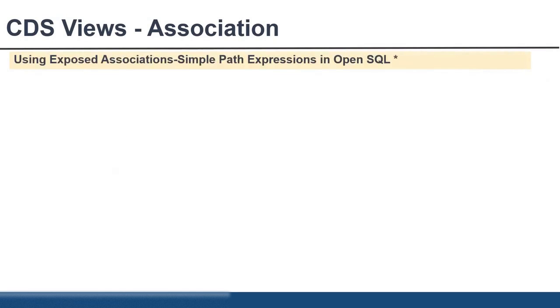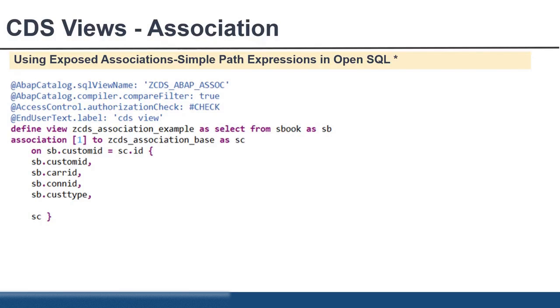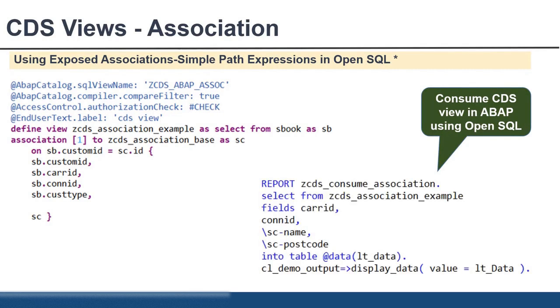Here we'll see some examples of how to use the exposed association using simple path expressions in OpenSQL. The example CDS with association, exposed association, here. And here's the ABAP code. If you notice, the way the select statement is written, it's the same way we select the fields.